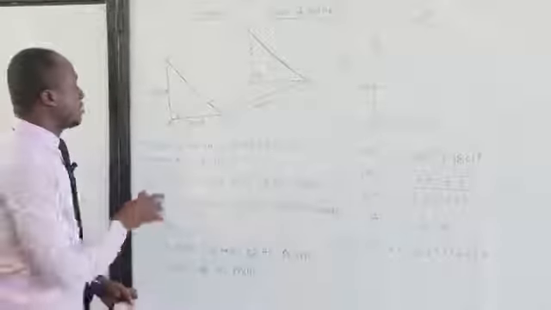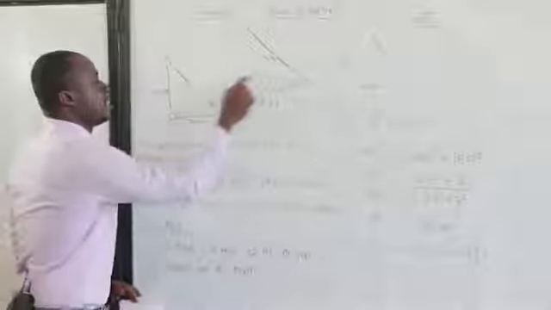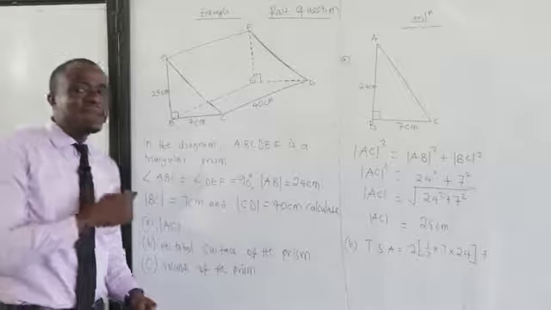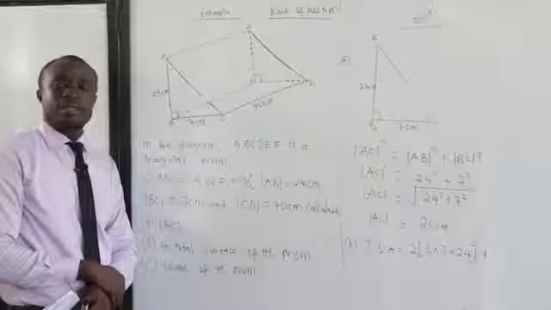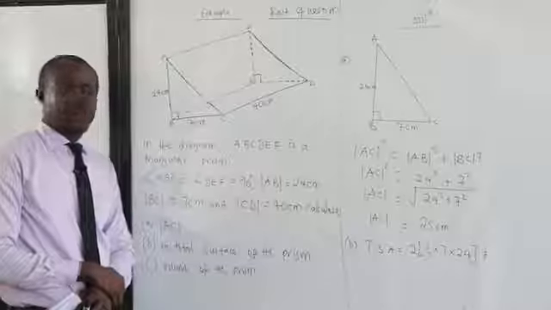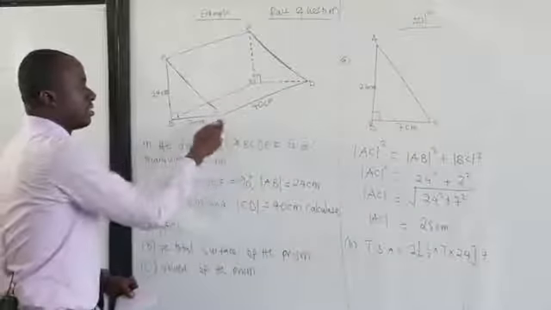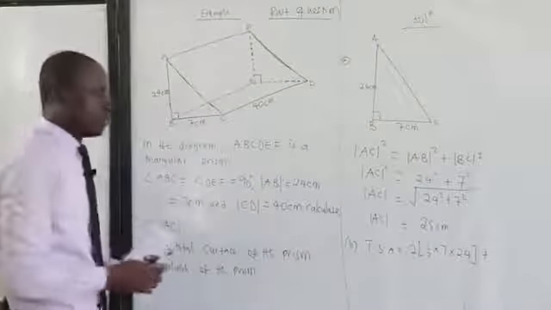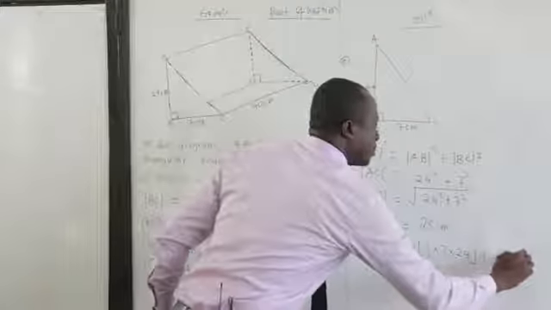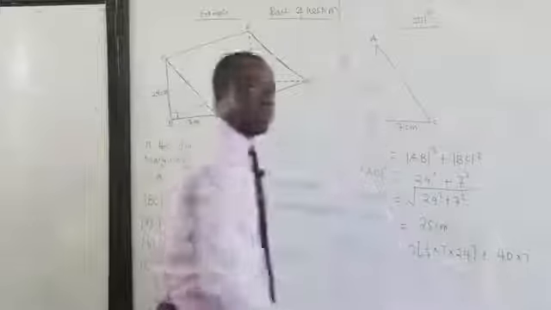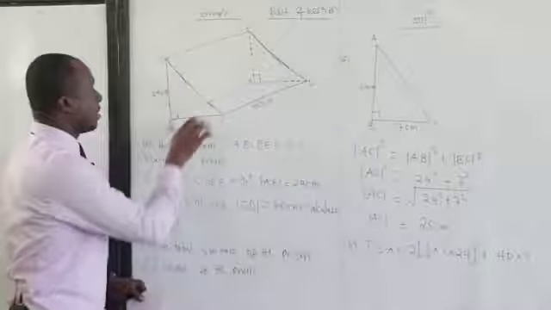Now let's consider BCDE. Clearly this is a rectangle, the base part. And what is the formula for finding the area of a rectangle? That is the length times the breadth. So clearly we can say that that is 40 times 7, so plus 40 times 7. That is the base.